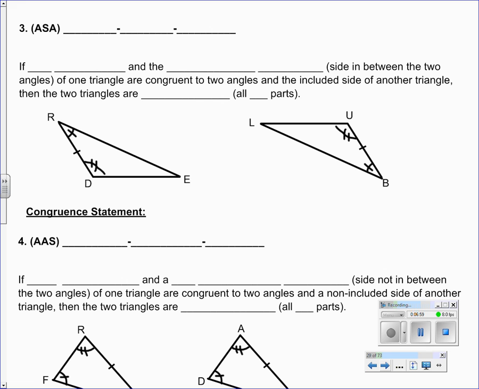So I have three more shortcuts. This next one's called angle side angle. So this is like the opposite of side angle side.